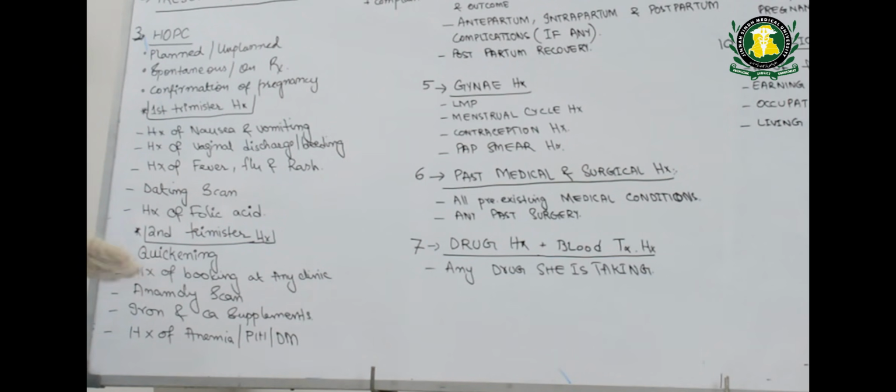For history of anemia, we will ask the patient about shortness of breath, dyspnea on exertion, palpitation and generalized weakness.